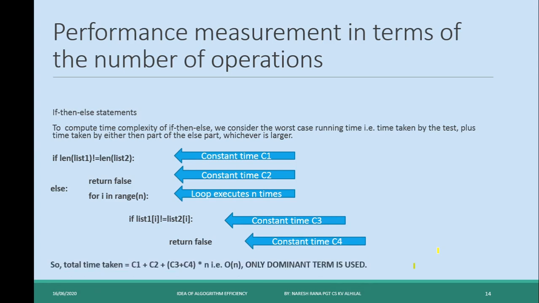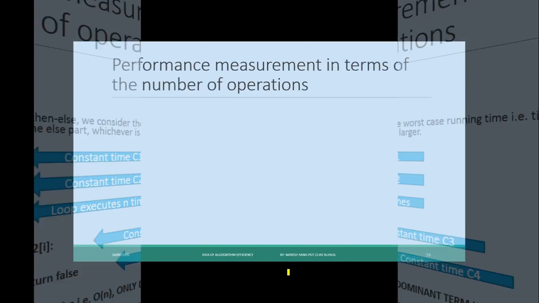So the total time taken is c1 plus c2 plus (c3 plus c4) into n, so that is order n, only the dominant term is used.